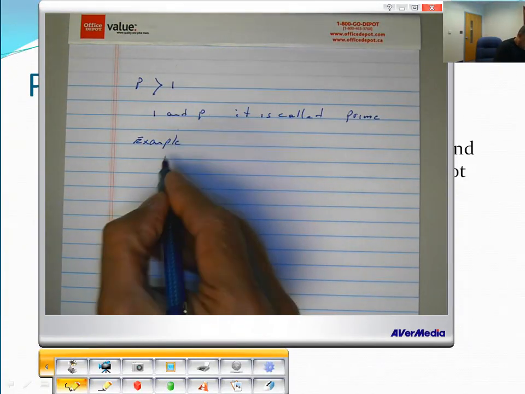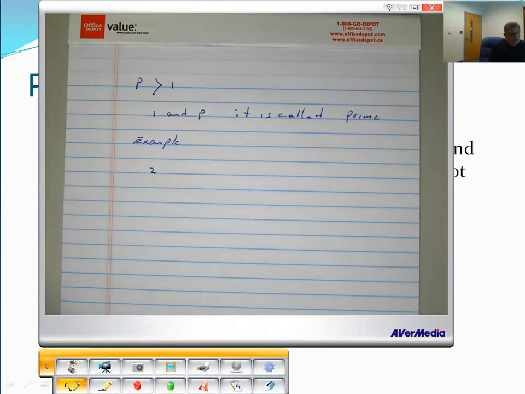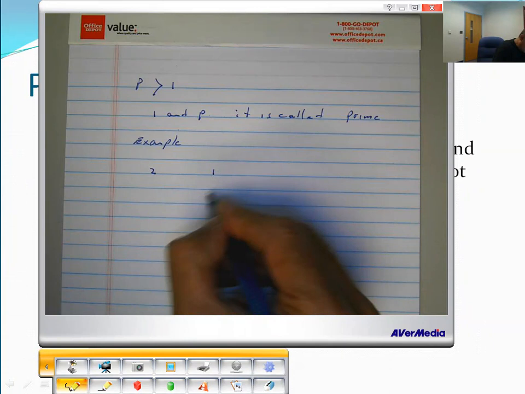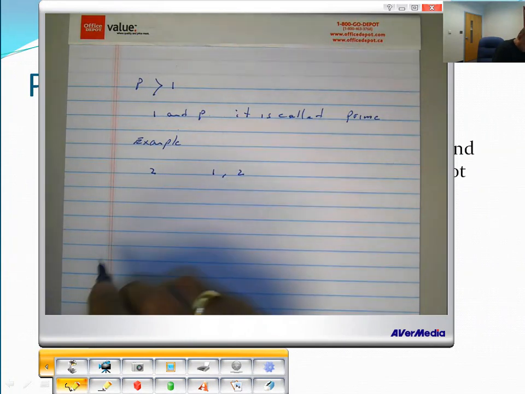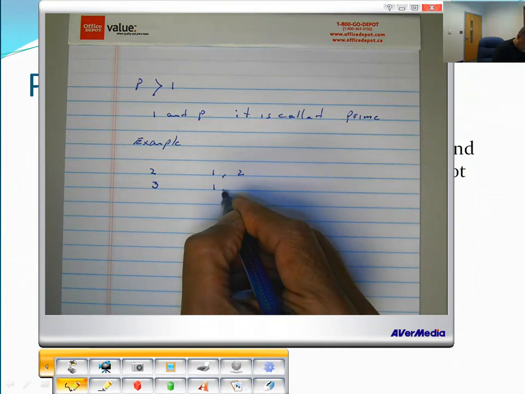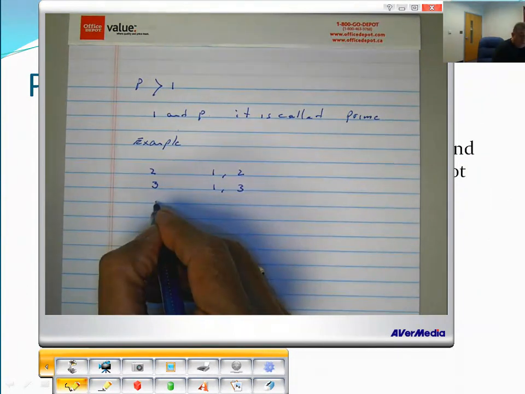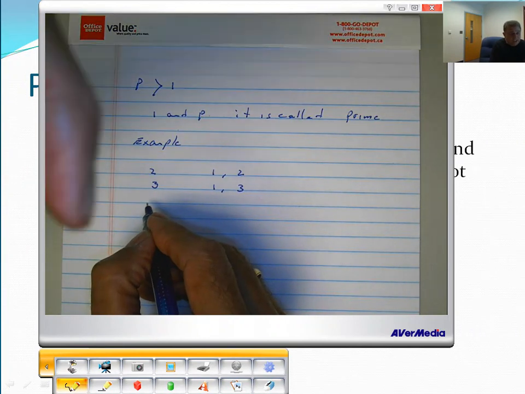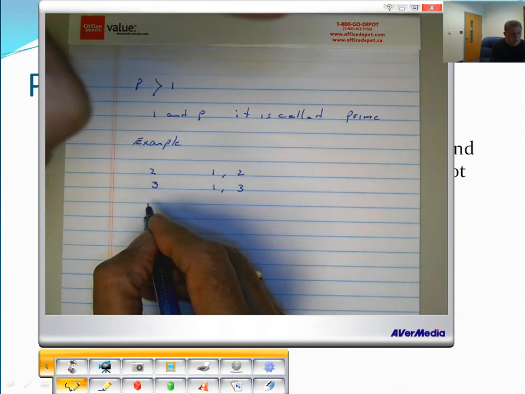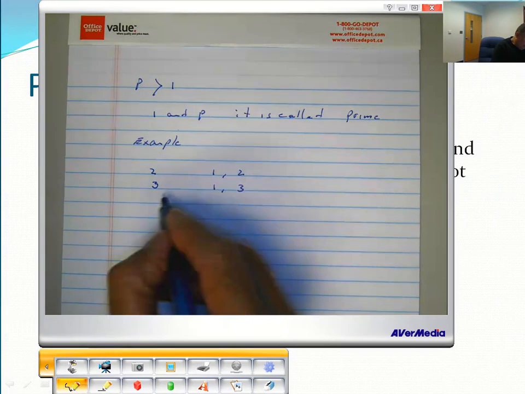Greater than 1, let's say 2. What numbers is 2 divisible by? 2 is divisible by 1 and by itself. How about 3? 3 is divisible by 1 and itself. And how about 4? 4 is divisible by 1, 2, and itself.